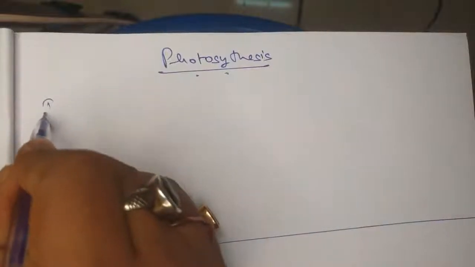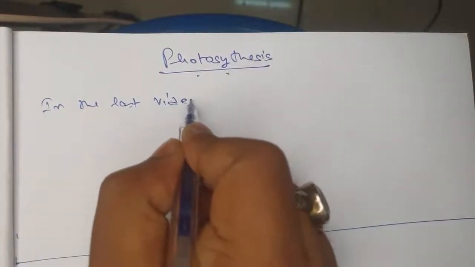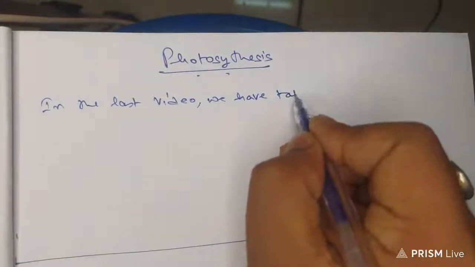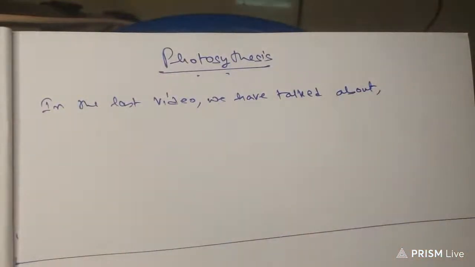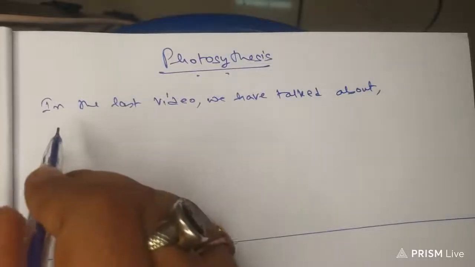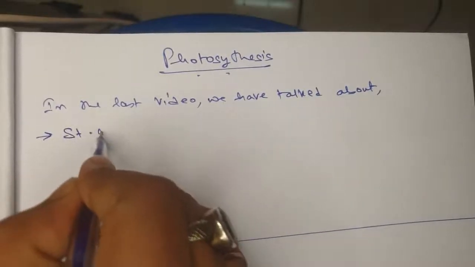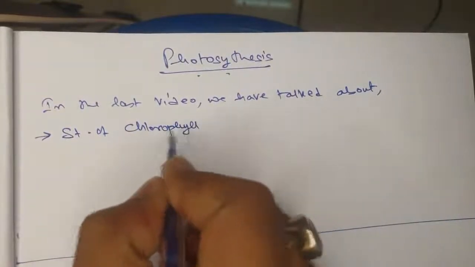Now, in the last class, in the last video, we talked about the structure of chlorophyll, that is a photosynthetic pigment.